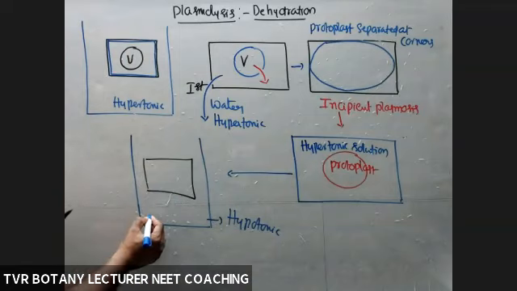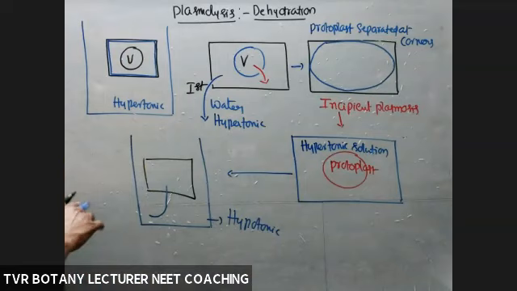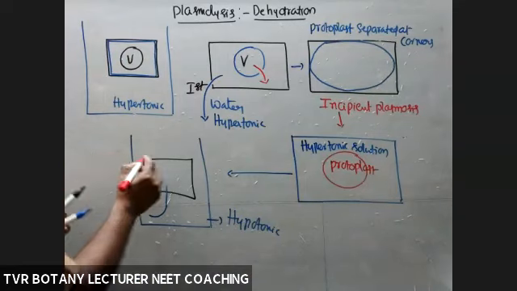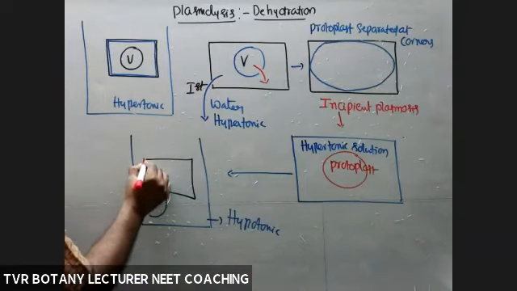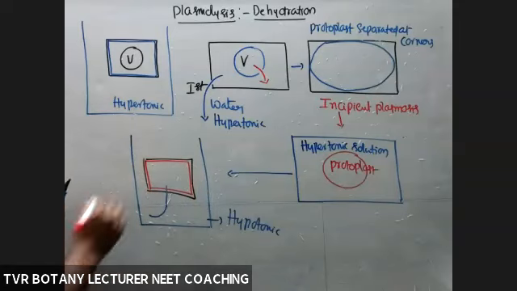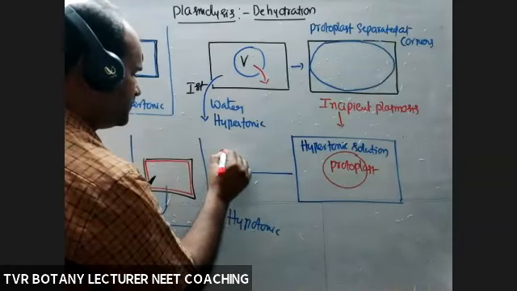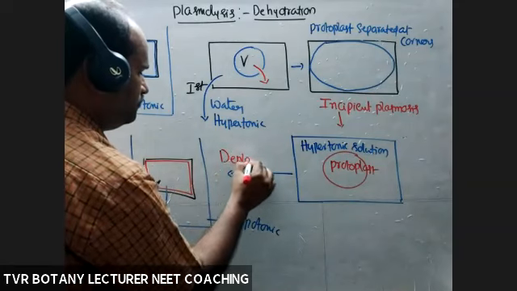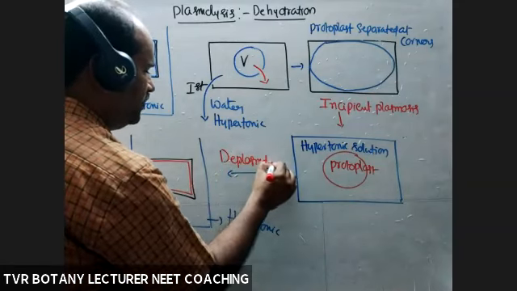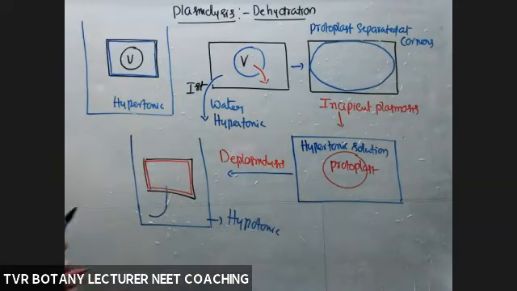Now, what about the direction of movement of water into the cell? And what about the protoplast? Expansion. So this phenomenon is called deplasmolysis. Removal of plasmolysis, coming back to normal conditions.